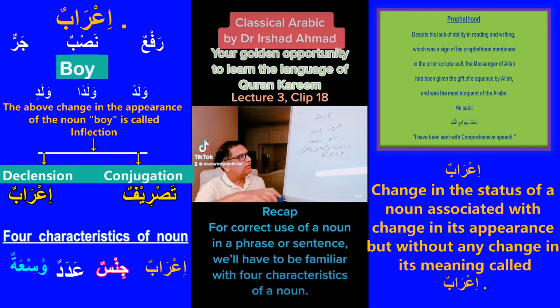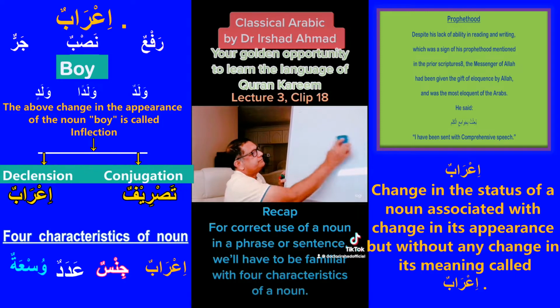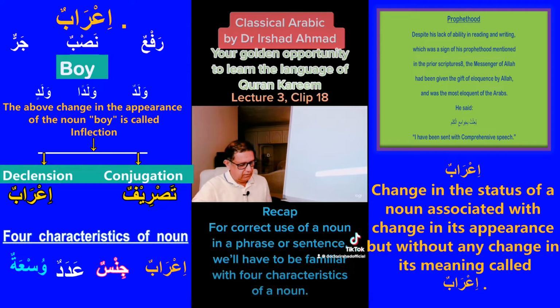Let us move on to our today's topic, which is the topic of jins. We have already said that for correct use of a noun in a sentence or a phrase, we will have to be familiar with 4 characteristics of a noun.